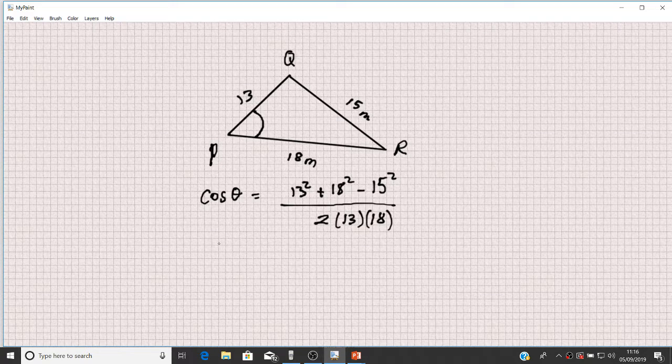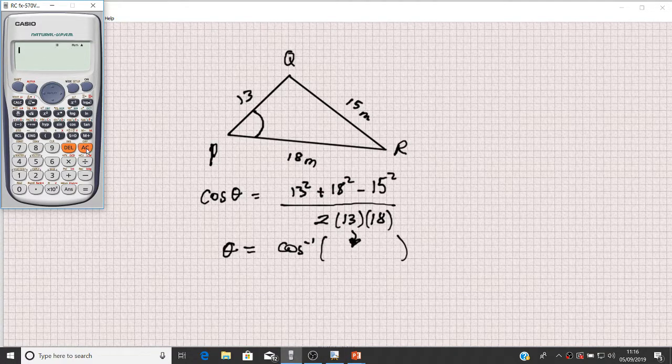Now if we want to find theta, we'll get the cosine inverse. So we've cosine minus 1 of the above. Just put that in there. And I'll take up the calculator to do this.